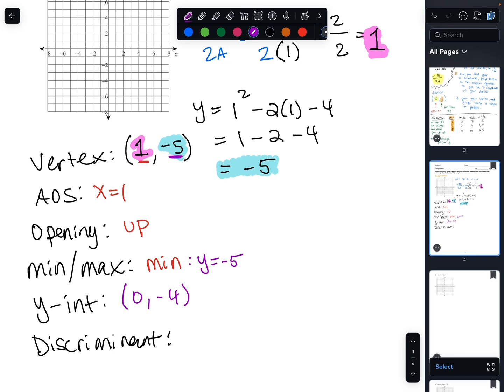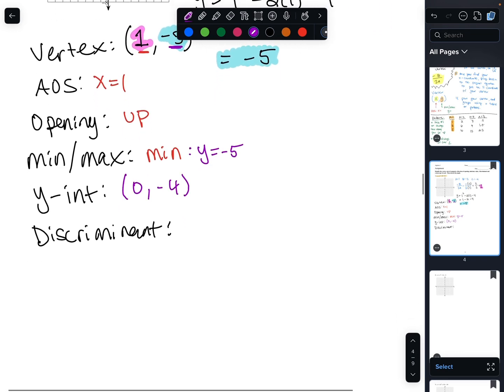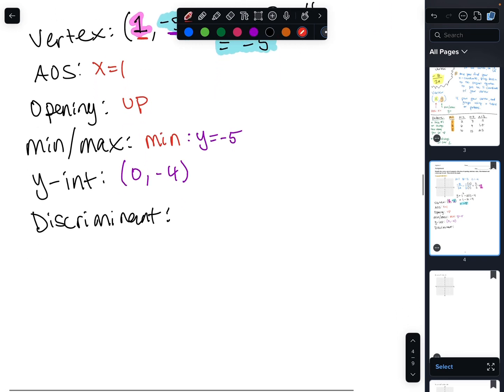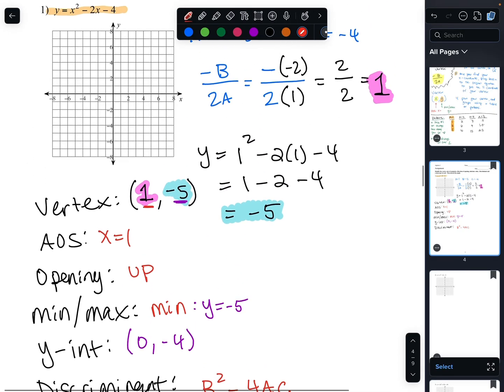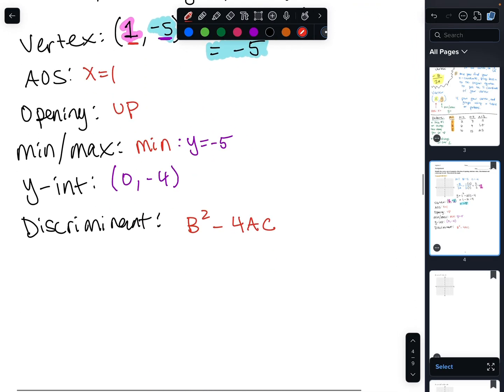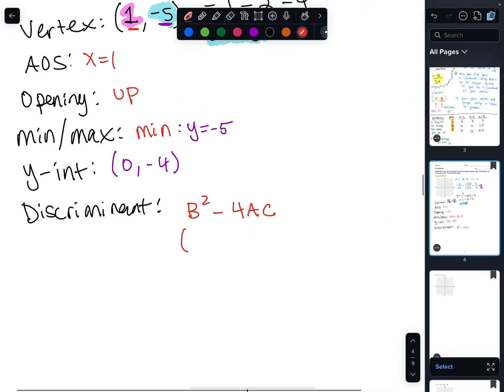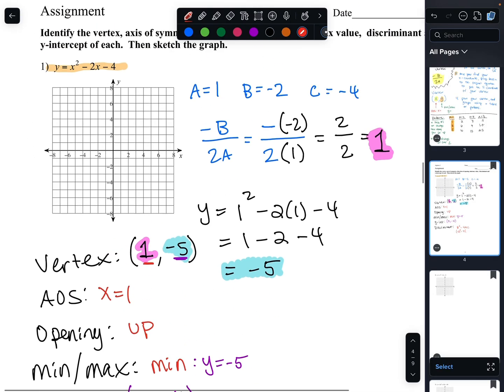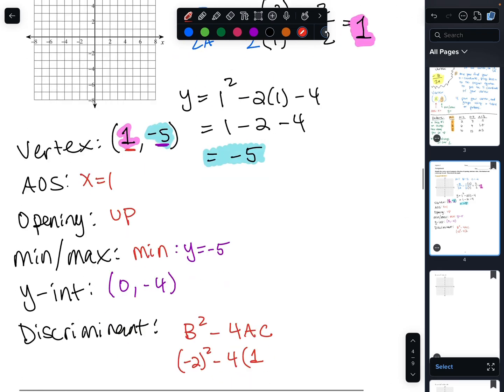Actually, let's go ahead and do that now. Our discriminant, we have to do b squared minus 4 times a times c. Well, our b was -2 squared minus 4. And then what's my a? My a was 1. And then my c was -4.